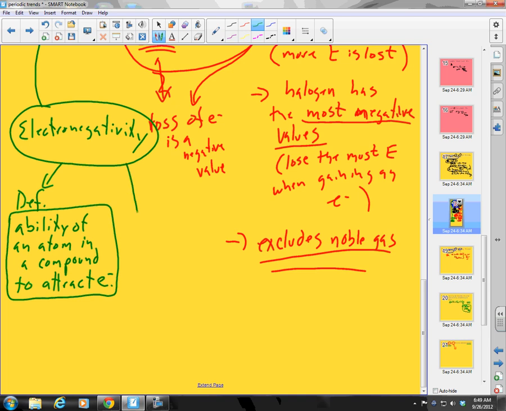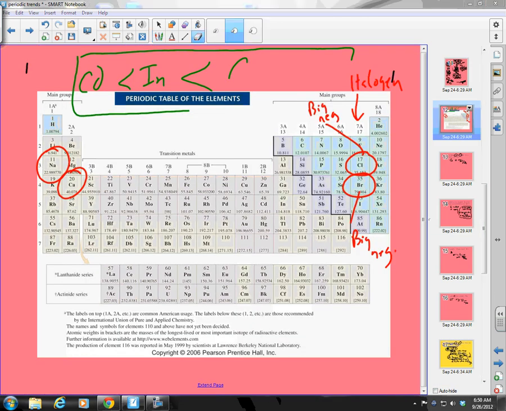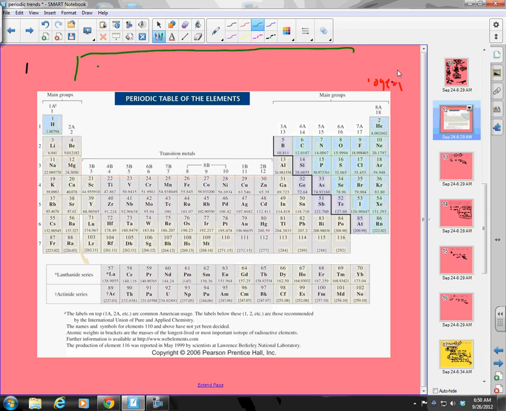And what is my trend? The trend is simple. Francium is the lowest, and fluorine is the highest, and that's all there is to it. So let's take a look at my periodic table to clarify this better. It'll make more sense with the picture. Here's francium, it's the lowest. Here's fluorine, it's the highest.